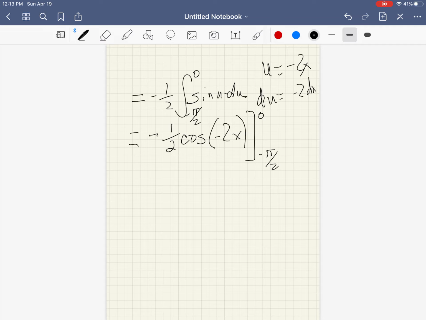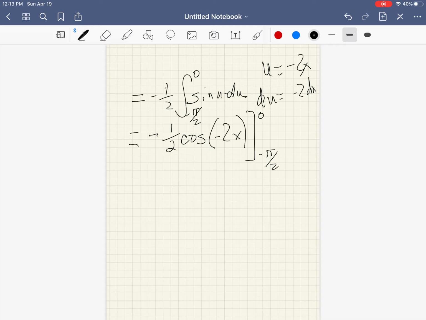All right, so then if we plug it in, we're going to get 1/2. This was negative 1/2 because u was negative 2x. We pulled out the negative 1/2, and then this will be the integral of sine of u.